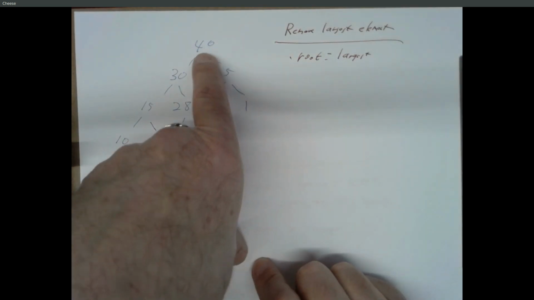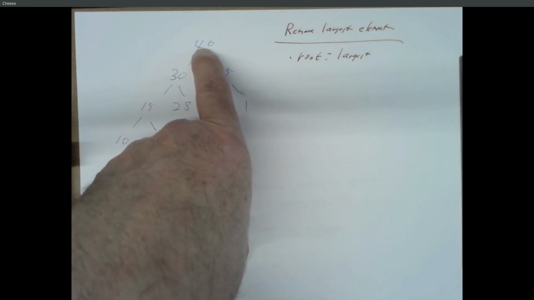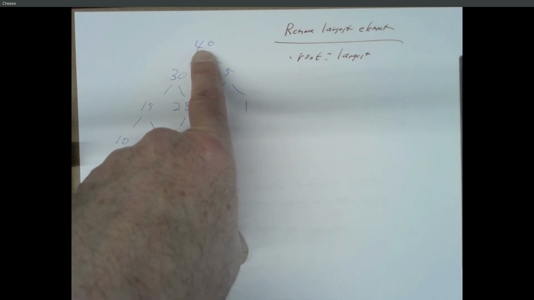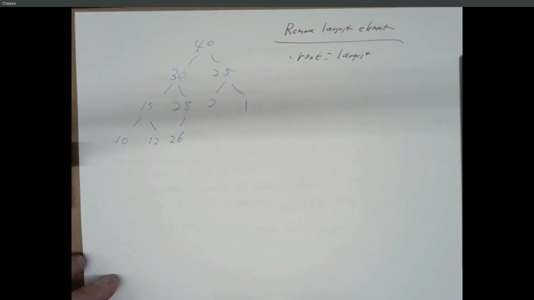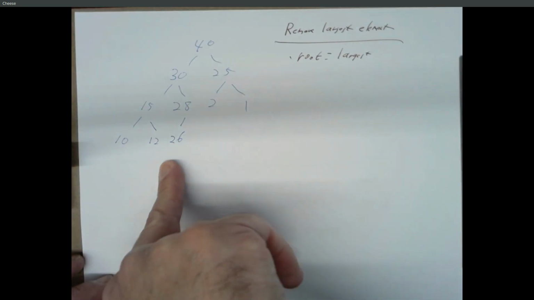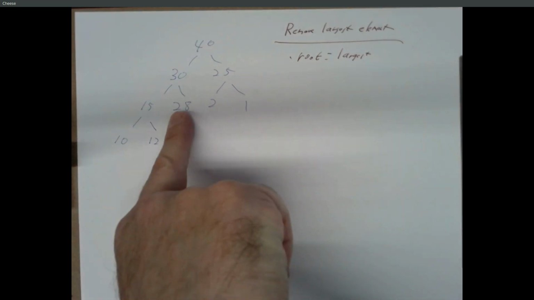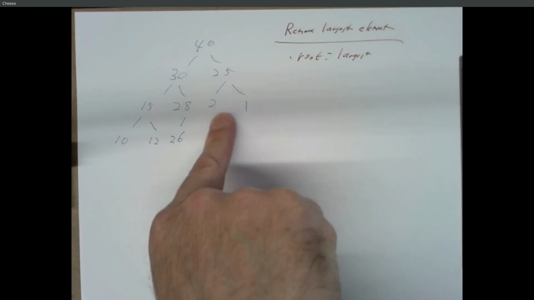But if we're going to remove 40 from the tree, we don't really have a tree anymore because we just deleted its root, right? So we got to put something else in its place. And if we try to go down here and find the largest thing in the left subtree or something like that, anything that we decide to move into the root is going to leave an opening somewhere in the tree.